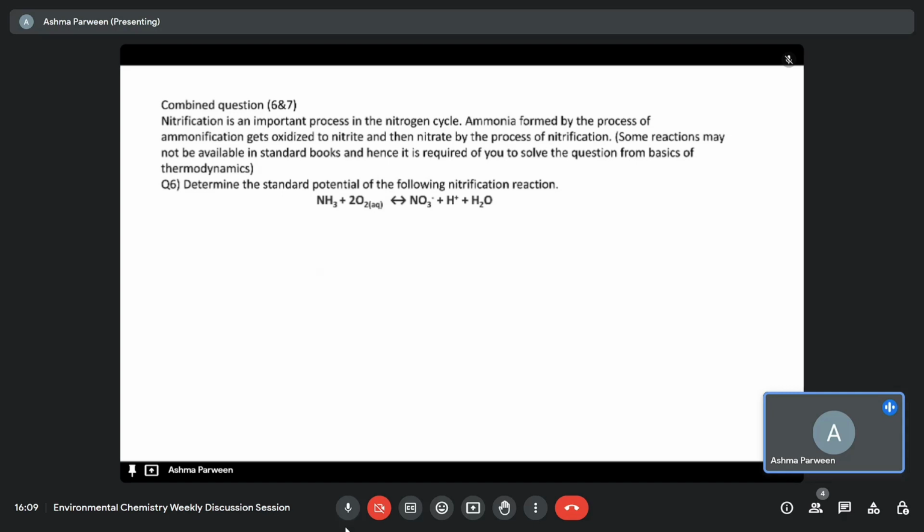Some reactions may not be available in standard books, and hence it is required of you to solve the question from basics of thermodynamics. Determine the standard potential of the following nitrification reaction. Ammonia is getting oxidized to nitrate, and we have to find out the standard potential for this reaction. I think we need some values.